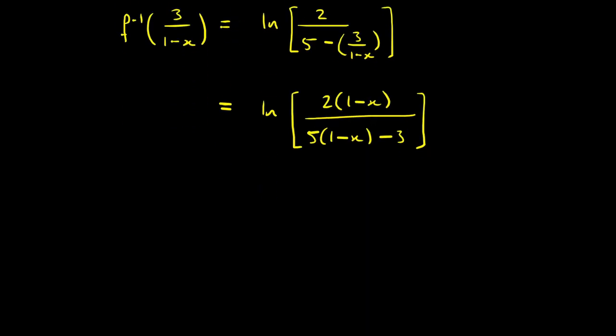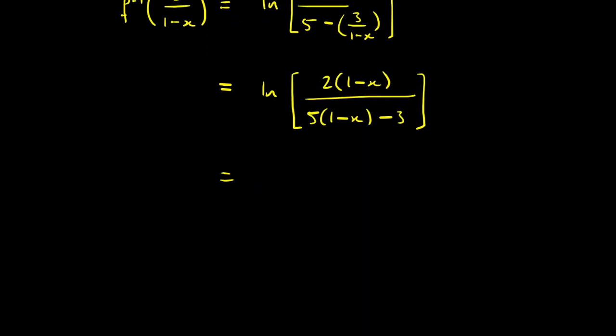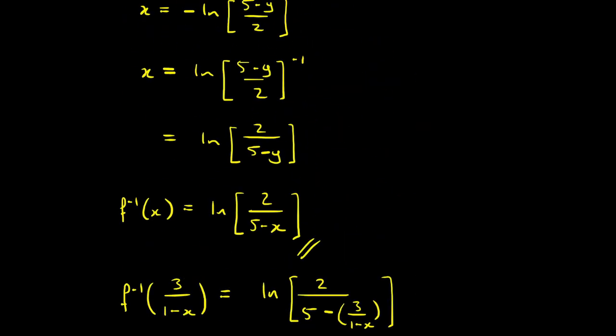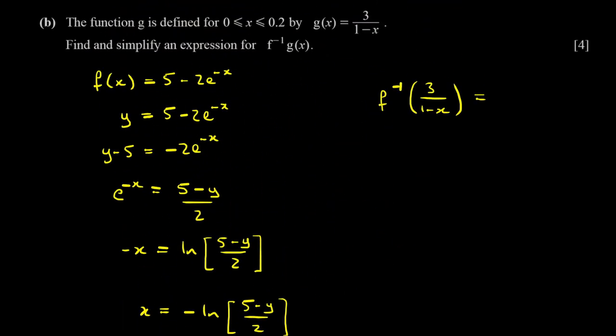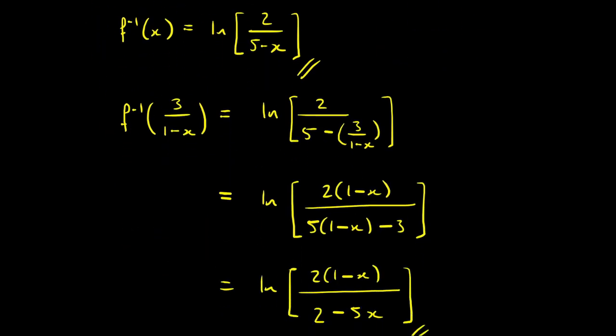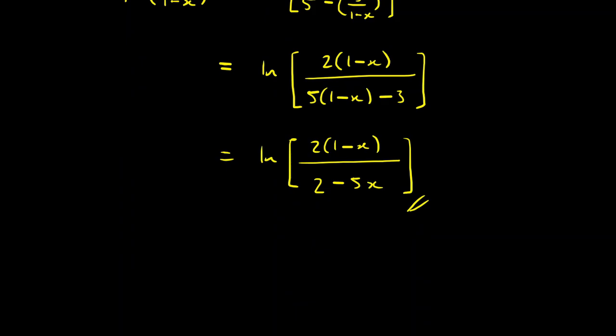And then I can simplify this to get the natural log of 2 bracket 1 minus x over, well, here I'm going to get 5 minus 3, which is 2, minus 5x. Okay, now let's see what we were asked to do, just to check. We want to find and simplify an expression. Well, I think that is probably about as simplified as we can get.